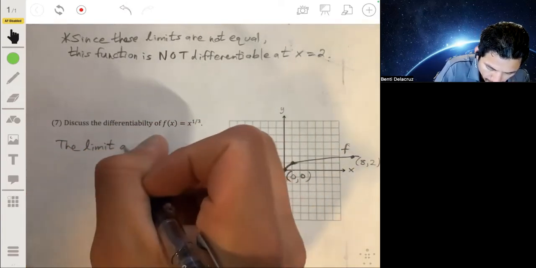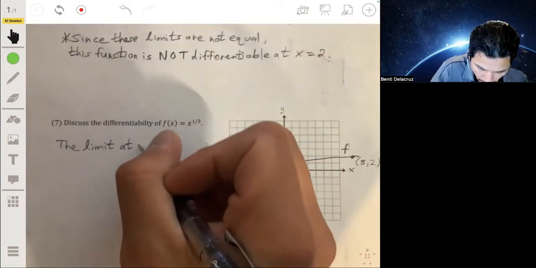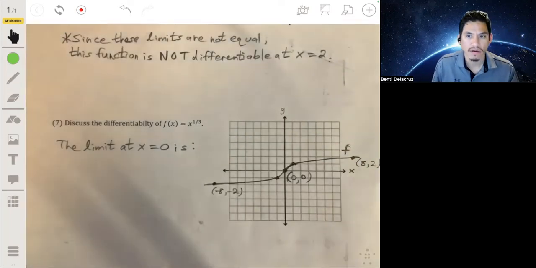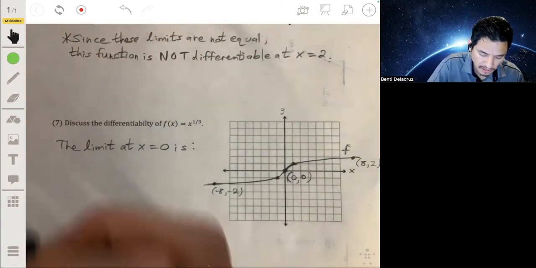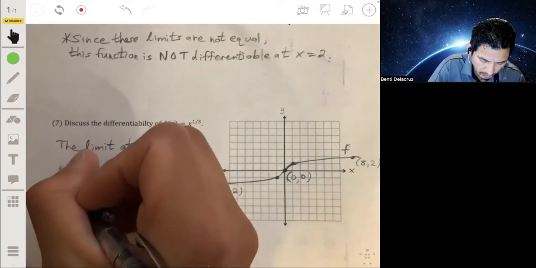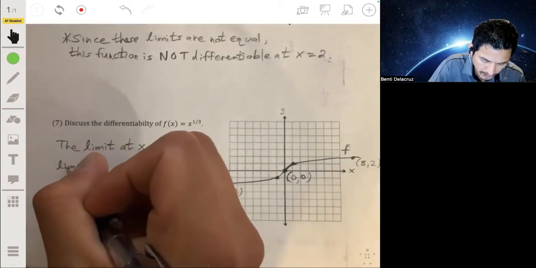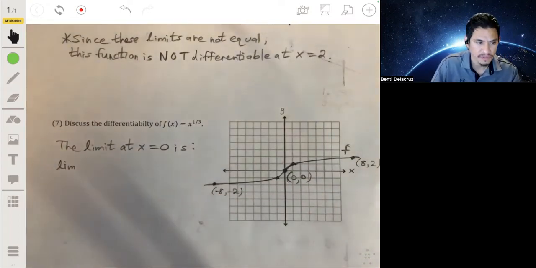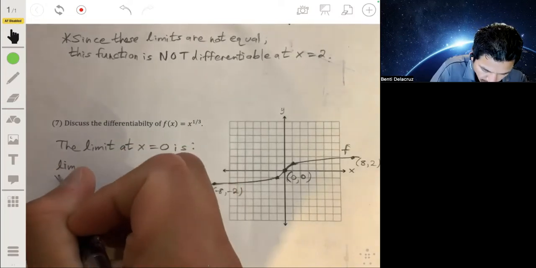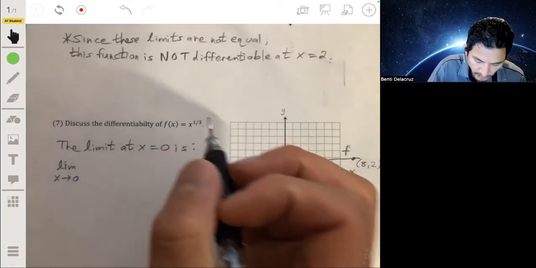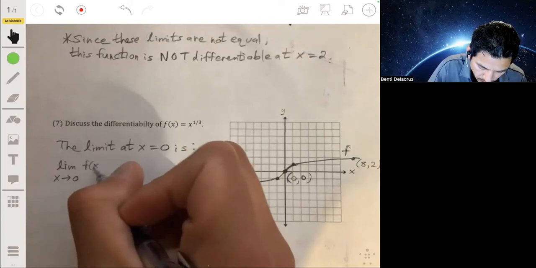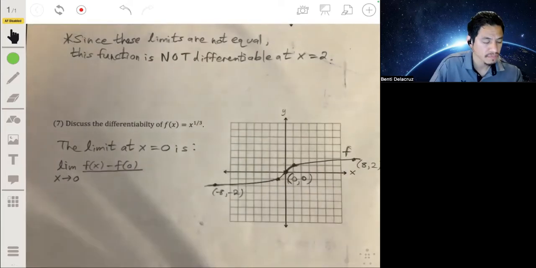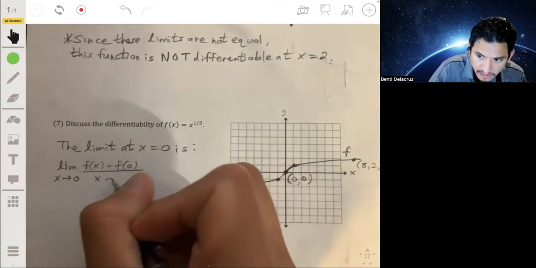So the limit at x equals 0 is, we're going to take just the limit in general, because we can't say for sure that it's different from one side than it is from the other side. It's not obvious. So we're going to take the limit as x approaches 0 of f of x minus f of 0, just our regular formal equation, over x minus 0.